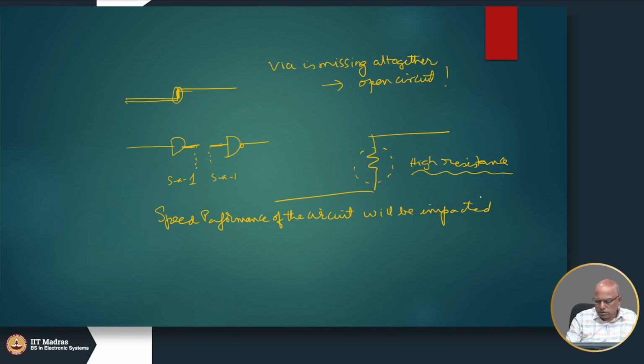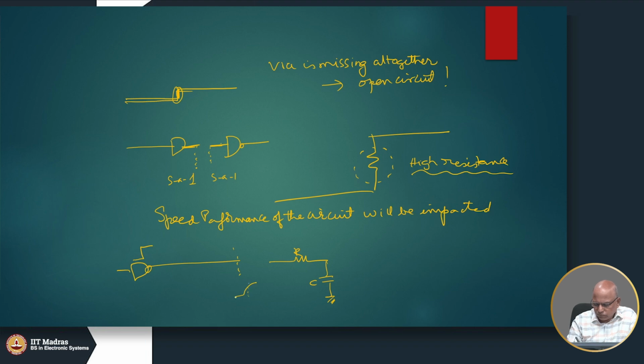So remember, if I have a wire, that wire will have some resistance and some capacitance. If this wire is being driven by some gate, and let us say the output changes from 0 to 1, at the other end, because of the resistance and the capacitance, there may be some delay.